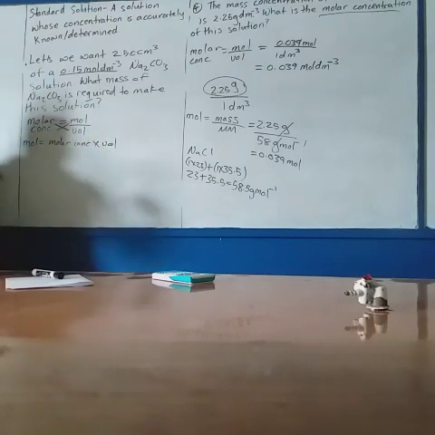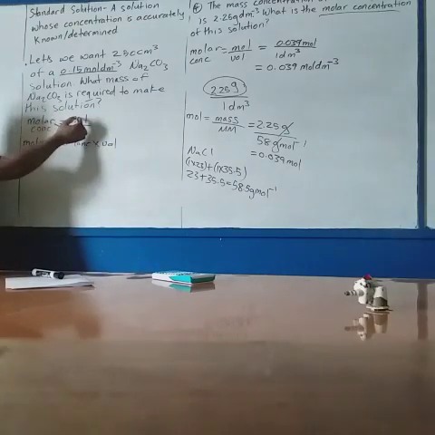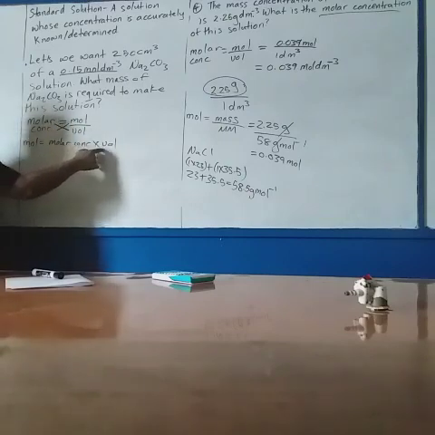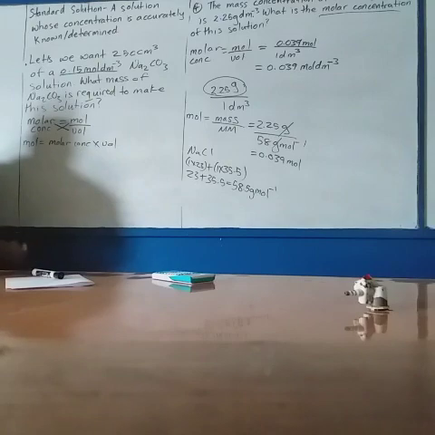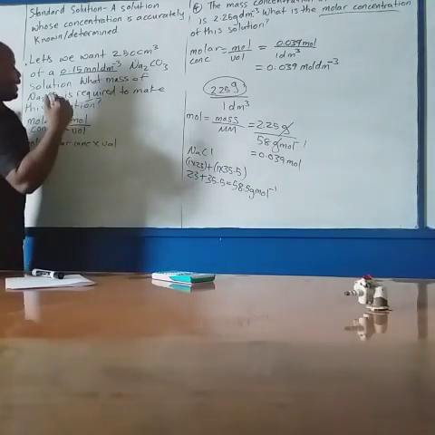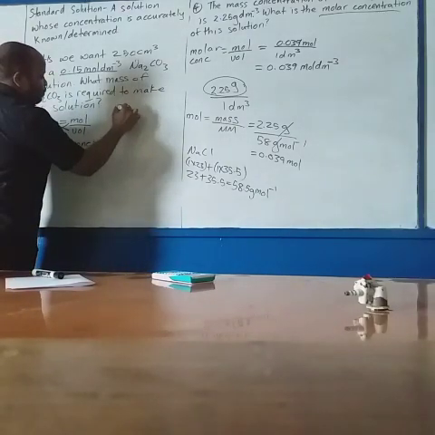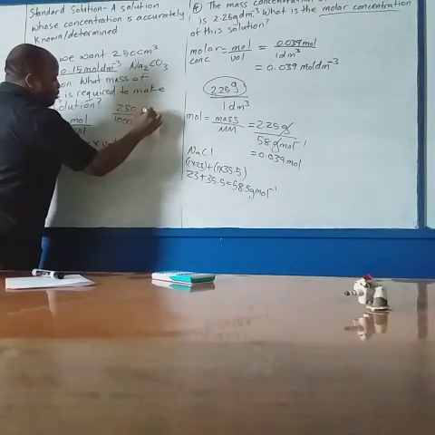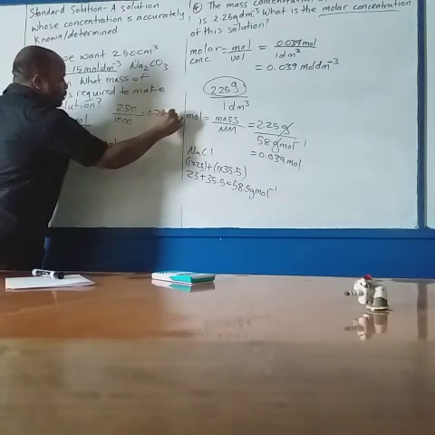And again, volume must be in dm cube. So if molar concentration is mole over volume, simple cross multiplication, mole is equal to molar concentration times volume. Remember, your volume must be in dm cube. So 250 divided by 1000, you would get 0.250 dm cube.